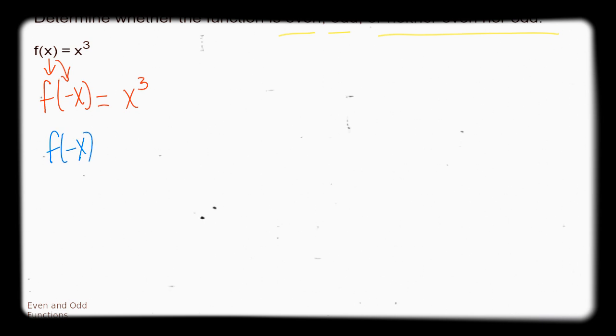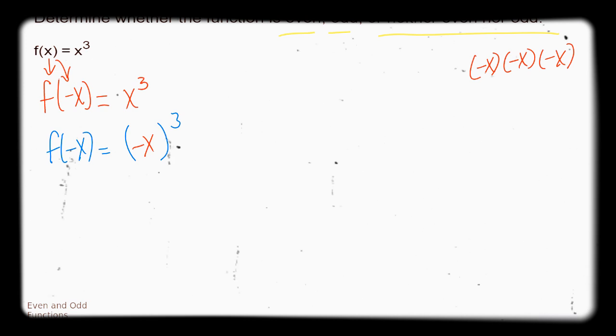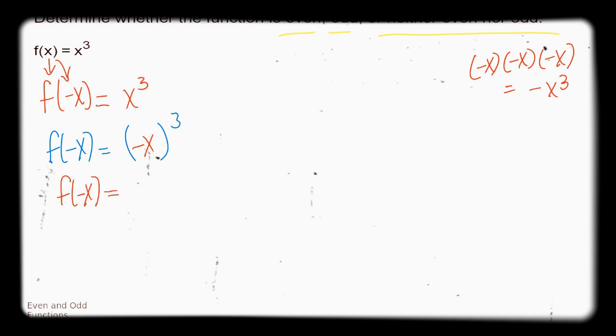Everywhere I see x, I'm replacing it now with negative x. So negative x cubed, or to the third power, if I apply that out 3 times, is going to be negative x cubed. There are no other numbers, so f of negative x is negative x cubed.